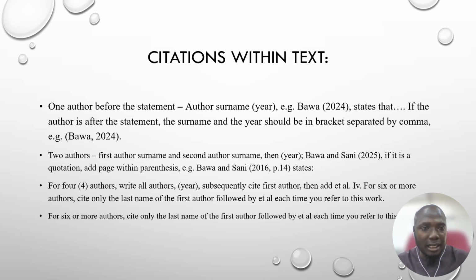For example, I looked at one name in your WhatsApp group, so I hope I'm not biased. I saw one name, Anna Sani. If it is Anna Sani that wrote it, then you say Sani, open bracket 2024, close bracket, comma, states that she understood the lectures that her project supervisor gave.